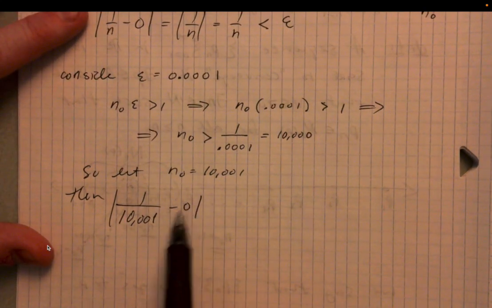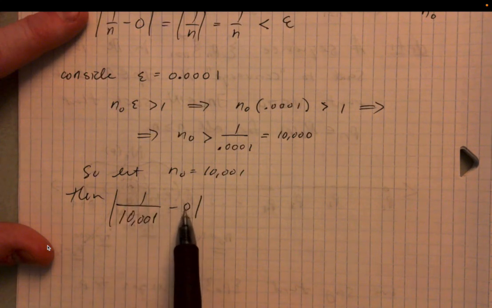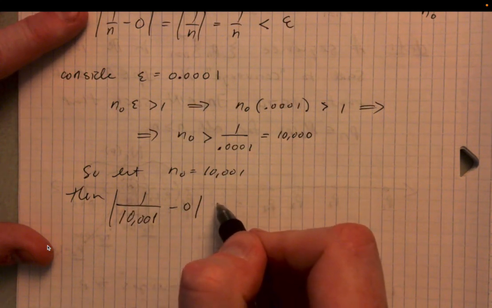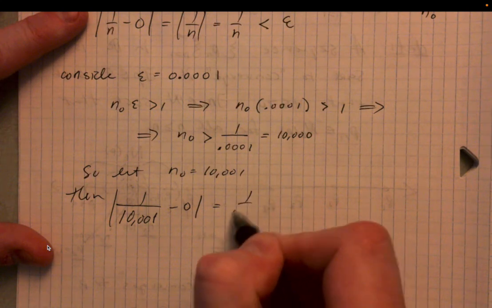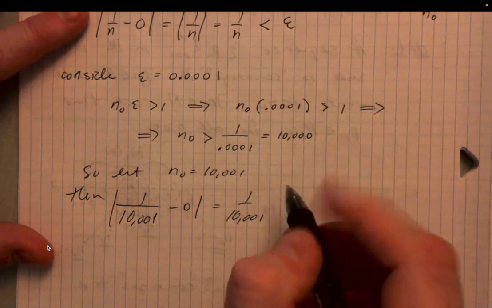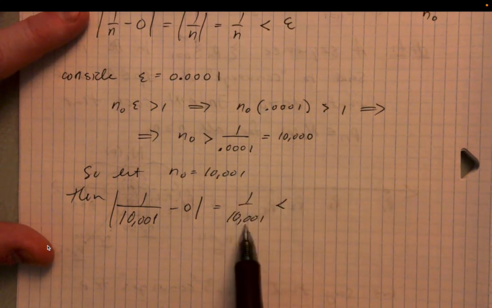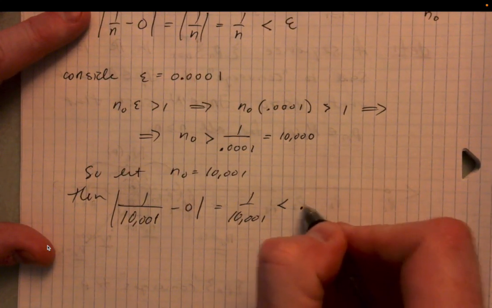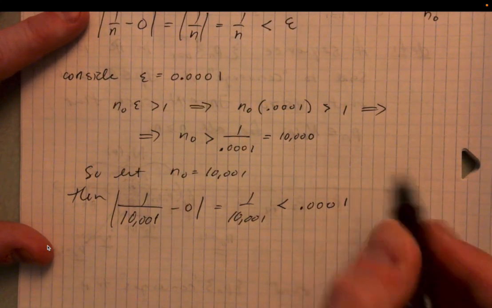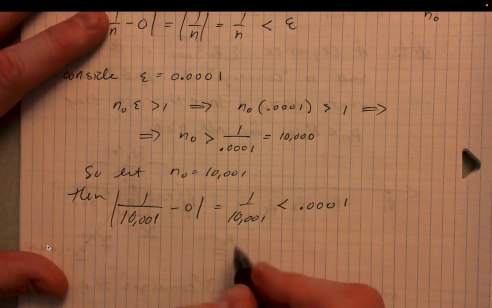So what's the distance between this term of the sequence and 0? We would say that it's equal to 1 over 10,001, which, of course, we know, if you do the division here, is less than 0.0001.